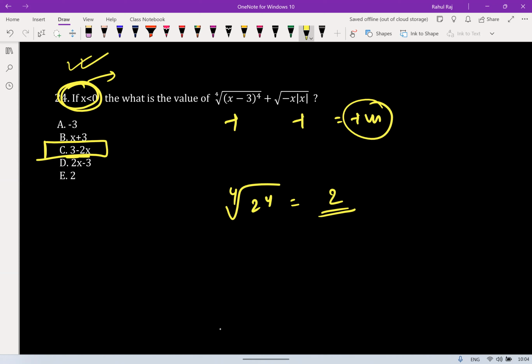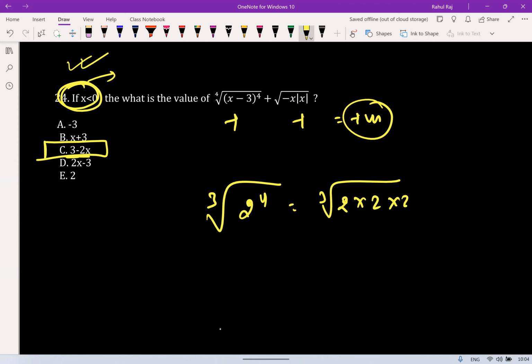They'll never give a case where it's 2 to the power of 4 but over here it's a cube root. But imagine it is a cube root of 2 cross 2 cross 2 cross 2. These three will make one cube root, so 2 will come out and it will be cube root 2.